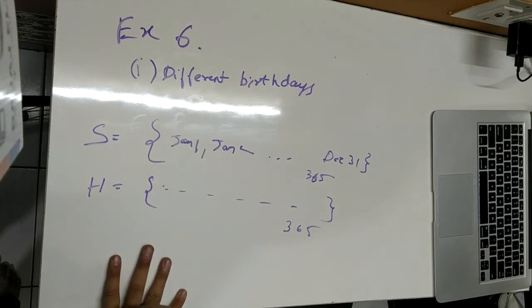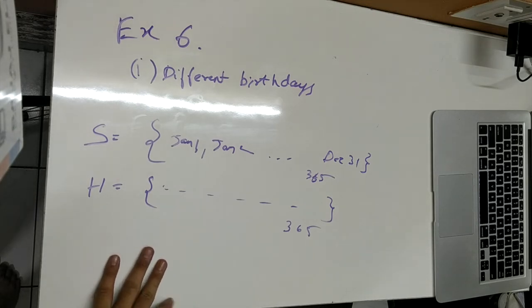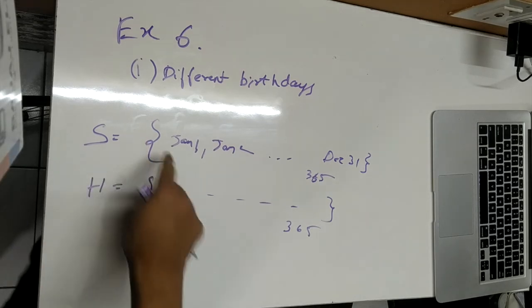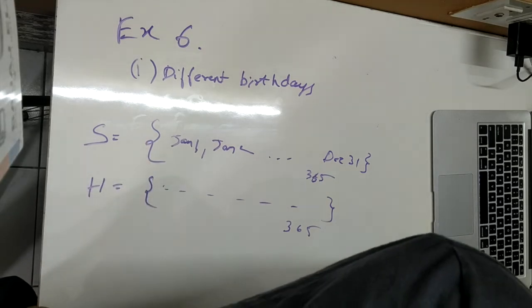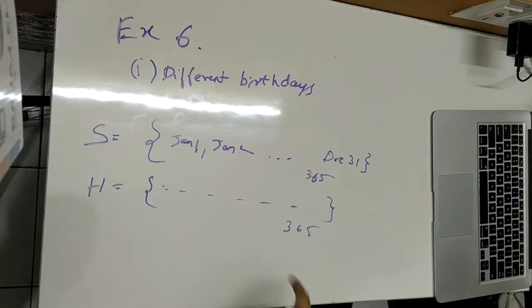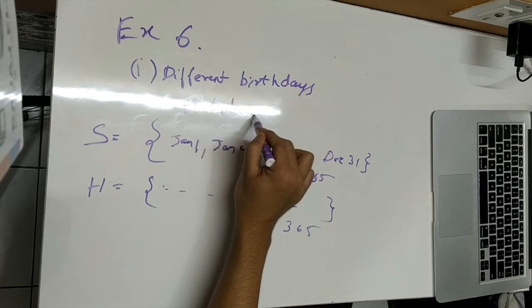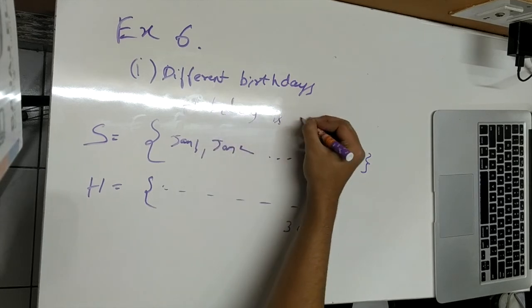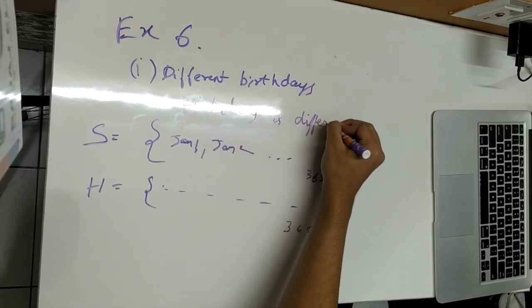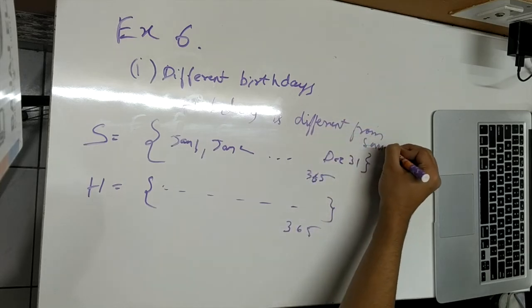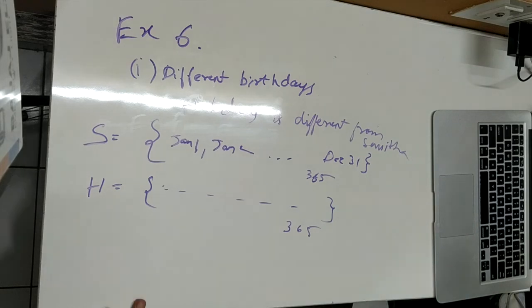Now we want only those outcomes in which Hamida's birthday is different from Savita's. So what is the event? The event is Hamida's birthday is different from Savita's. Correct, no?